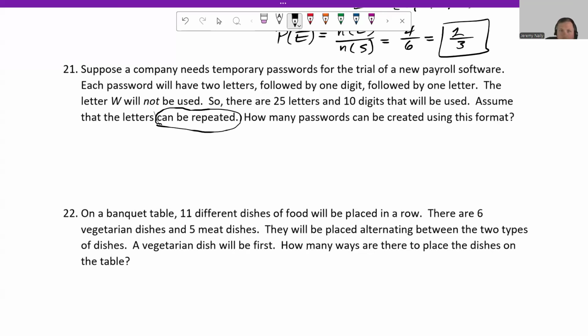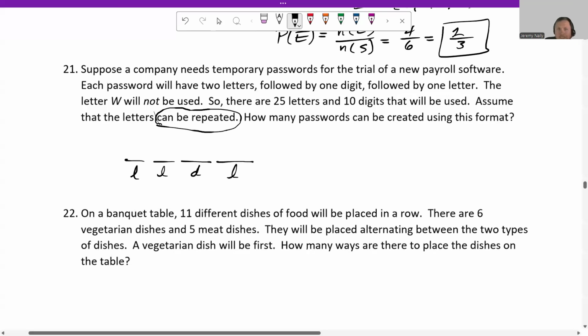So let's see, what did it say? 2 letters followed by 1 digit followed by 1 letter. So that's the trickiest part of this. Make sure that you're paying attention there. For that first spot, I could put 25 letters, and if letters can be repeated, for the next spot it's 25 letters.